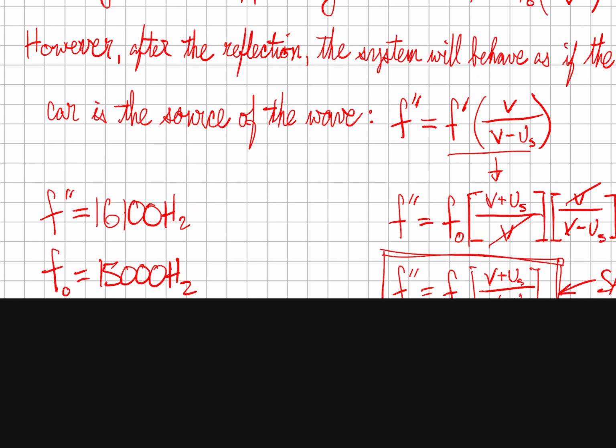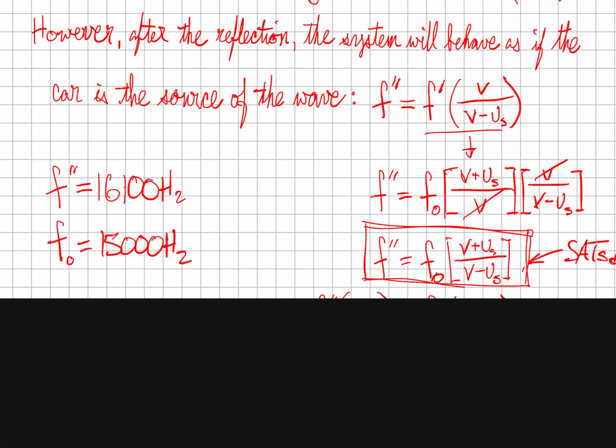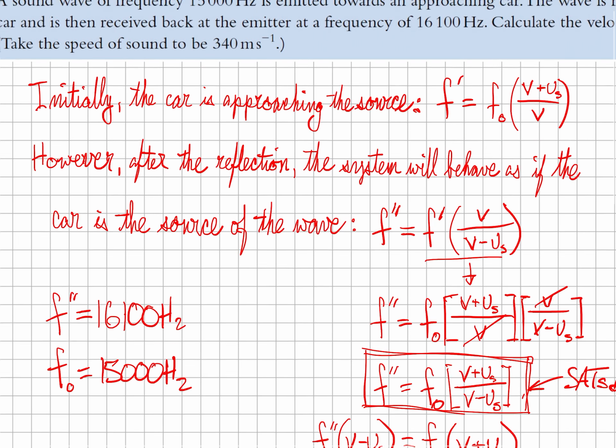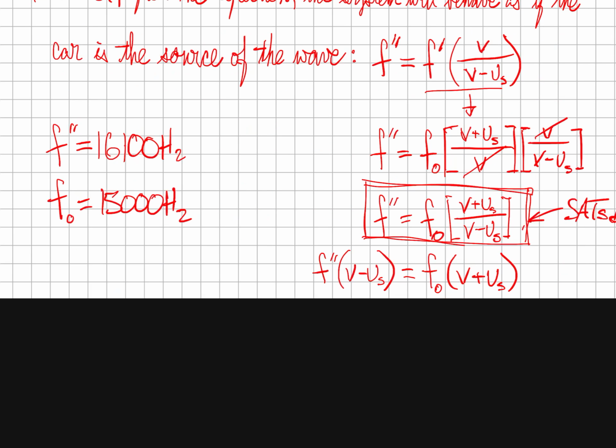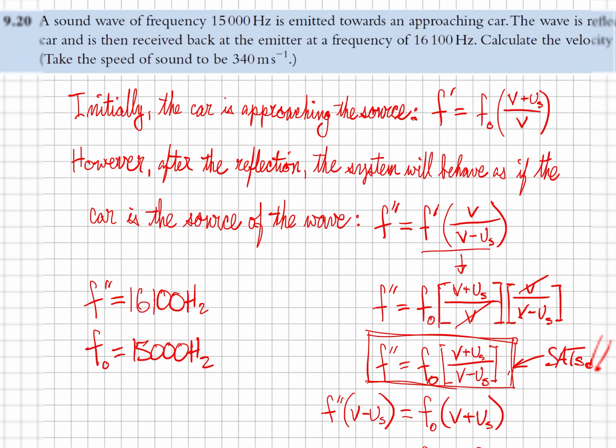So initially, the car is approaching the source, so we select the correct equation for that. And what we have here is the equation for a moving observer. After reflection, however, the wave behaves as if it's emitted by the vehicle, okay?